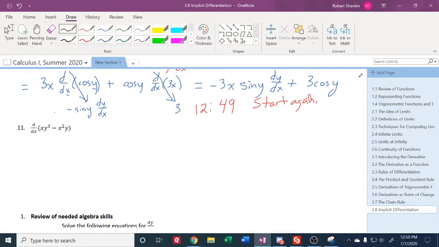So it's going to turn out that with this first term, xy cubed, you're going to need the product rule. And then with the second term, x squared y, you're also going to need the product rule. So it's going to get a bit lengthy.